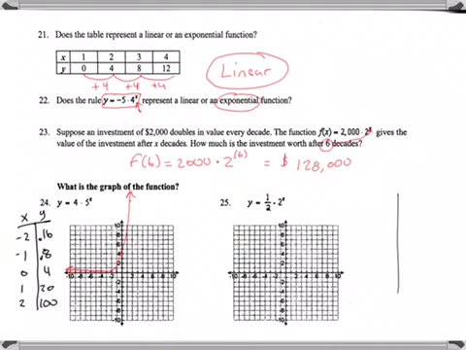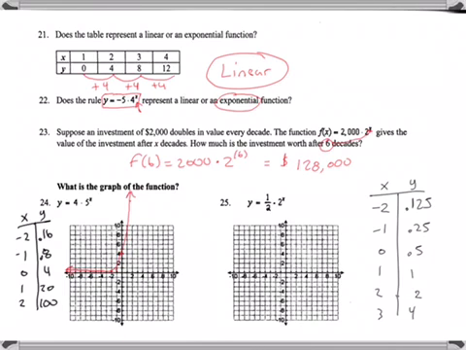I'll do the same thing in 25. I'll put it in my calculator and I'll get my x and y values. This time I'm going to use from -2 to 3. So at -2, I'm at 0.125. At -1, I'm at 0.25. At 0, I'm at 0.5. At 1, I'm at 1. At 2, I'm at 2.